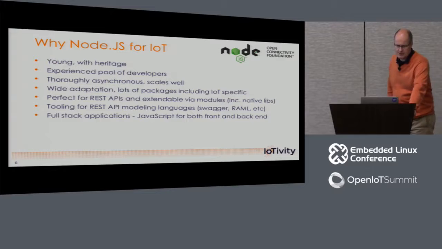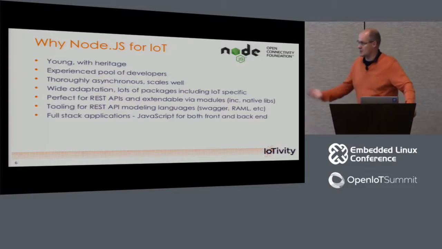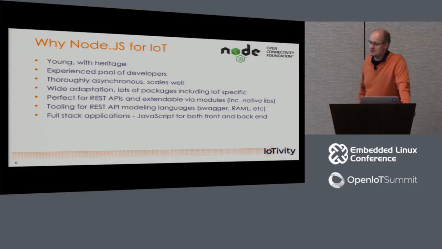So then a few words about Node.js and IoT. Why do we want to do that? It's a fairly young project, but it was created by experienced developers, so they knew what they wanted, and it has a good architecture.